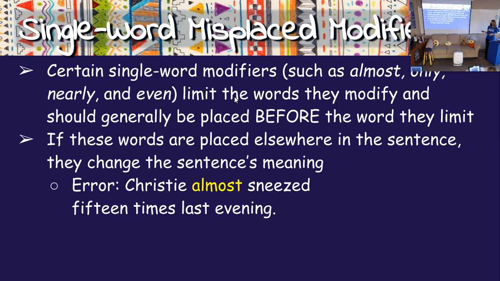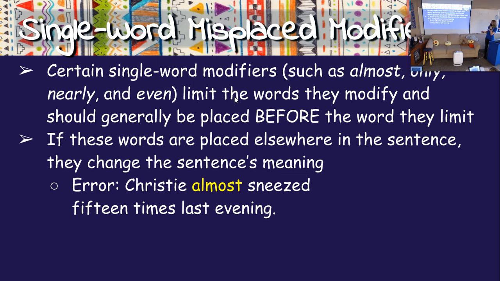So here would be an example of an error. Christy almost sneezed 15 times last evening. By having her almost there, it's implying that she almost started sneezing, but didn't quite get there. Okay, but because we have that 15 times there, that means that we probably want our almost next to 15 times, because she probably sneezed, and she was probably sneezing a lot, like so much that she almost got to 15 sneezes, but not quite.